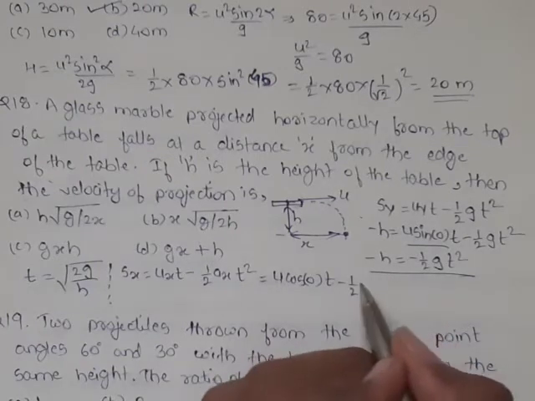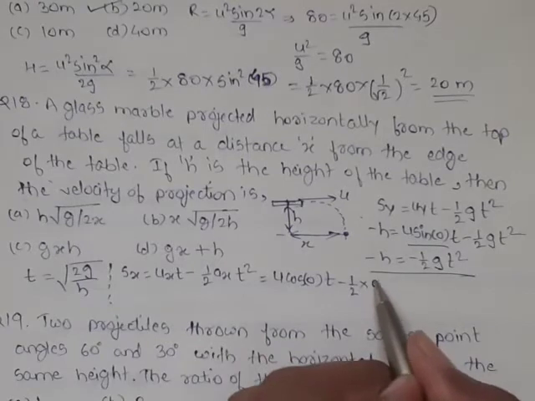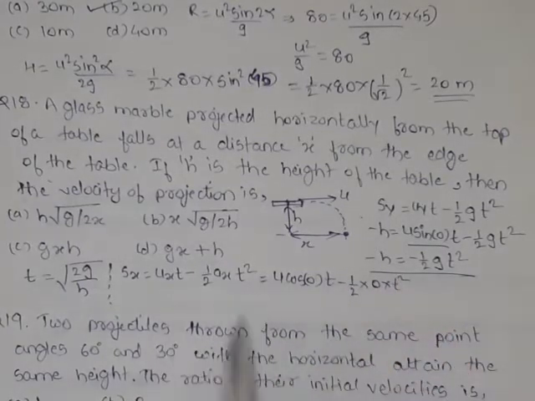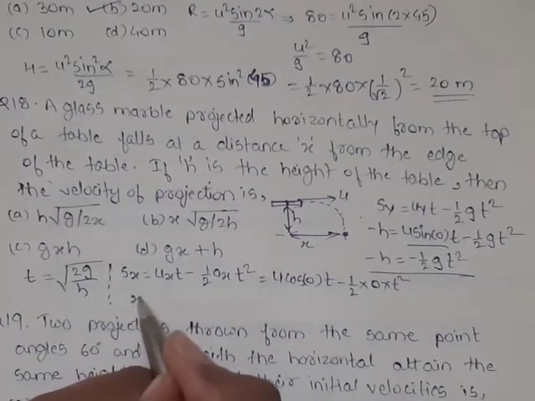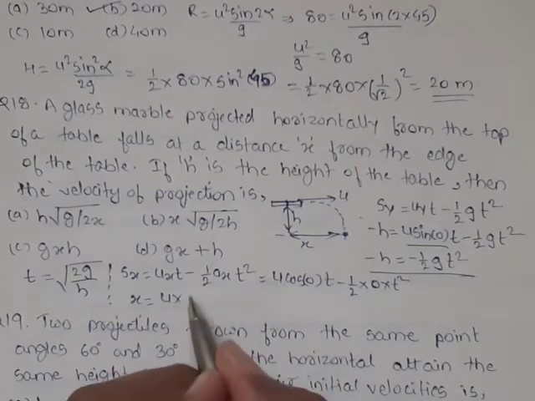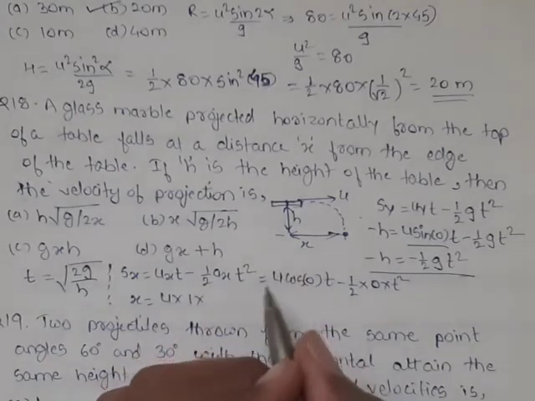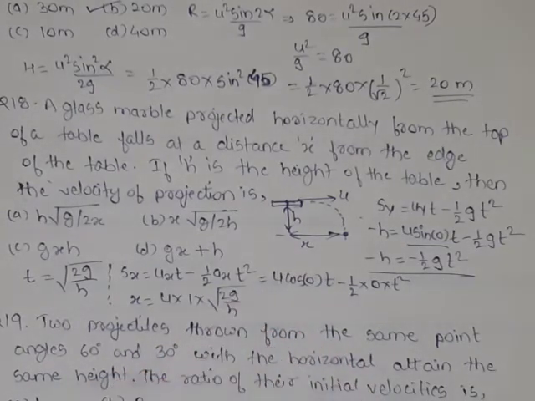What is the value of ax? The horizontal component of acceleration ax is always equal to 0. What is the value of sx? Sx is nothing but x. So here x equals u cos 0 t, and cos 0 is 1. For t we put the value.